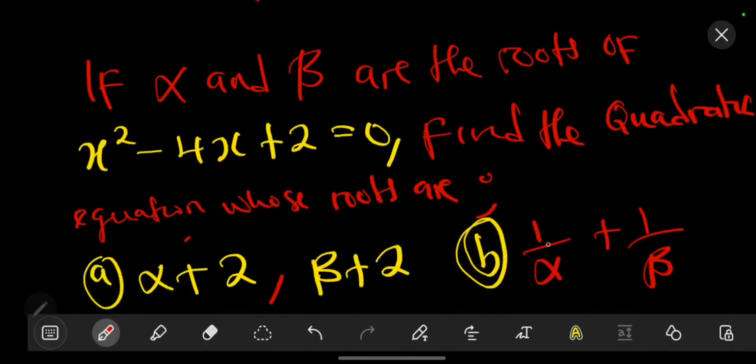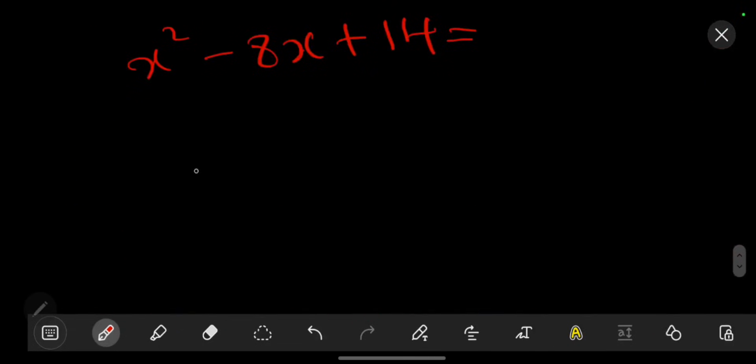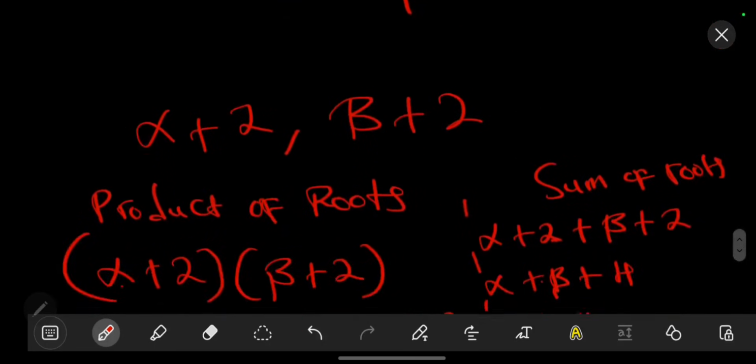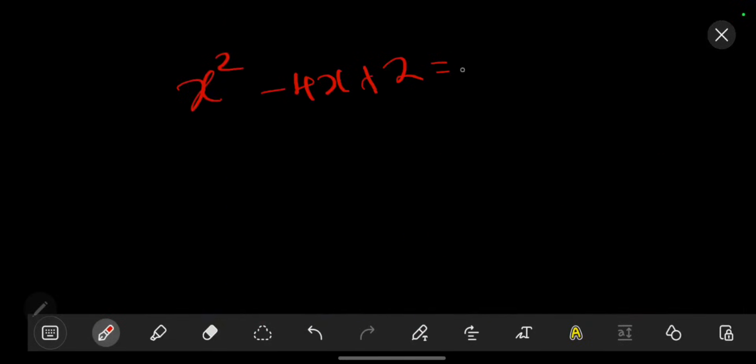Let's look at this other one. So you use the original equation. So we had x squared minus 4x plus 2 equal to 0. So same approach. Let's first find our alpha plus beta.